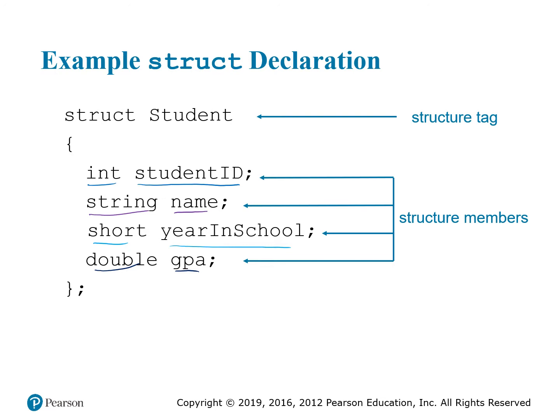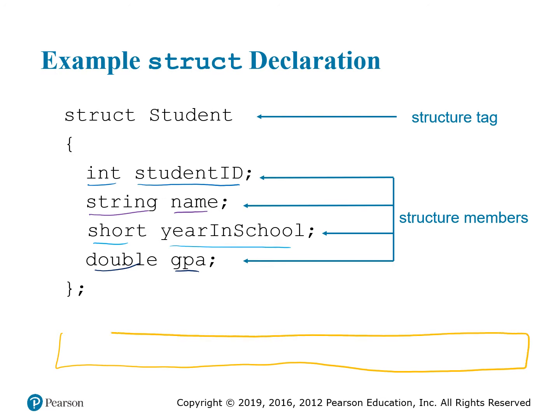But what we end up doing is creating one big memory box and calling the whole thing student, and then we stick student ID in here, and then string name takes up however much space, really.